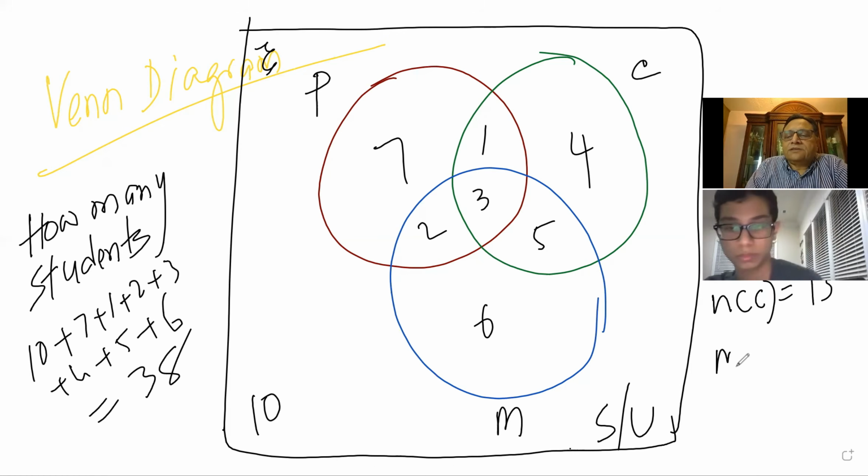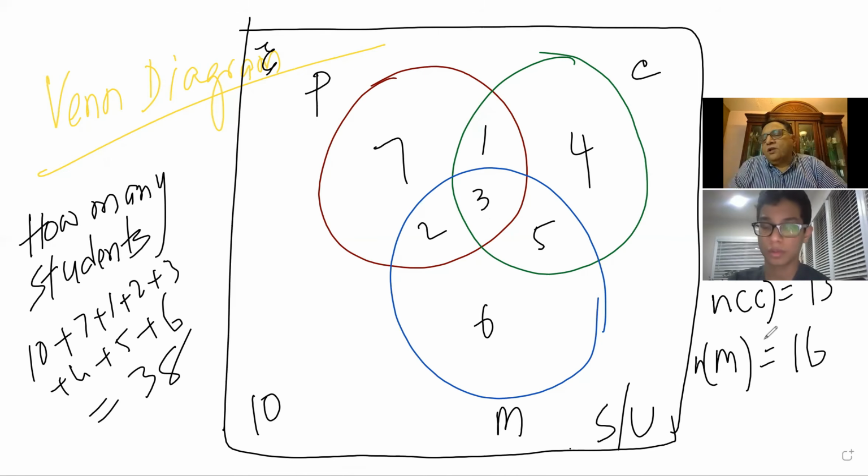And then mathematics is 16. So we get all these numbers right there. So we can now combine all these things. Definitely, if you add them separately, then what happens? 16 plus 13 plus 13 is how much?